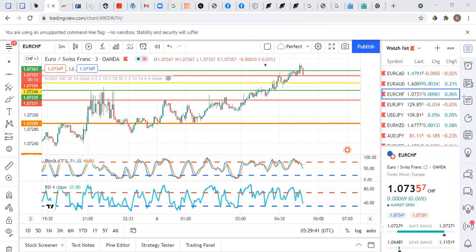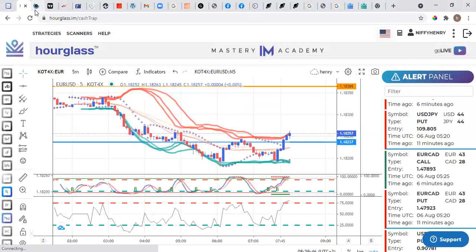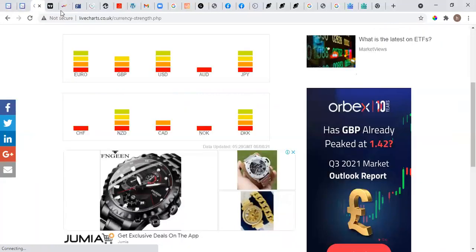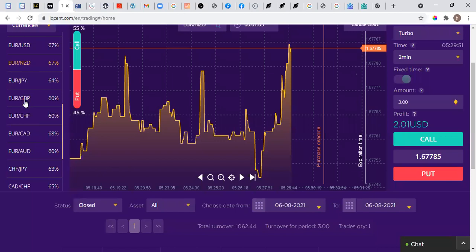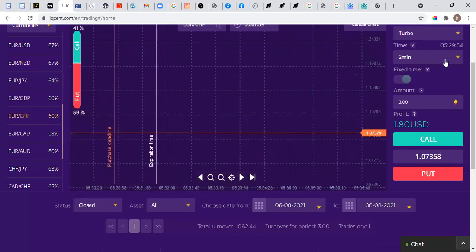Yes, you can copy it. Low risk buy at 355. Euro CHF 3 minutes.